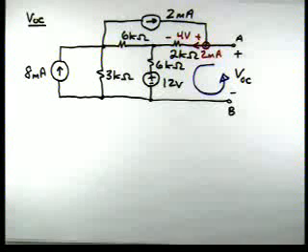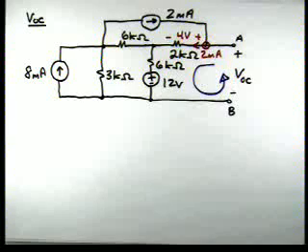Okay? And we can do that a number of ways. We've discussed several techniques. Nodal analysis and loop analysis. Let's look at those. For instance, if we did mesh analysis, we have 3 meshes. We have 2 current sources, which leaves us with 1 unknown mesh current.